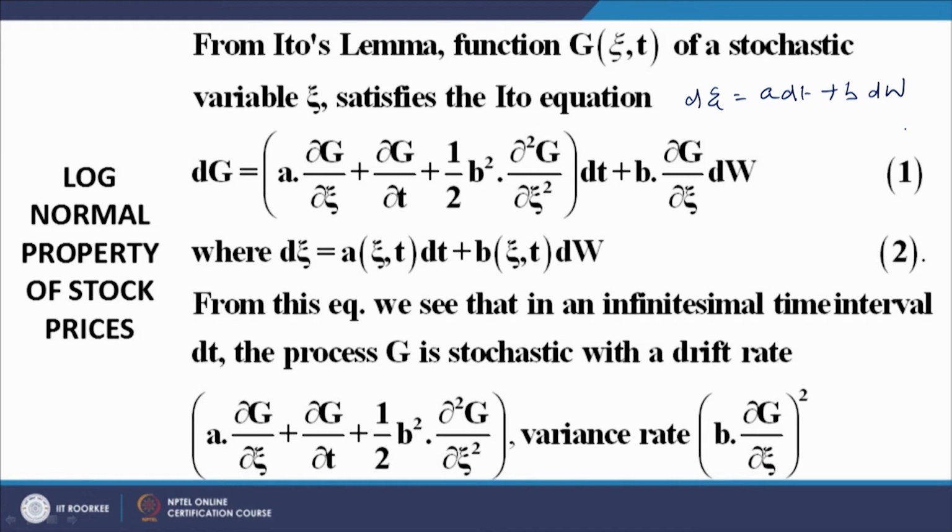This was Ito's lemma. So, let me repeat Ito's lemma. The function g(xi, t) of a stochastic variable xi satisfies the Ito equation given by equation number 1, where xi follows the stochastic differential equation given by equation number 2. From this equation we see that in an infinitesimal time interval dt, the process g is stochastic.